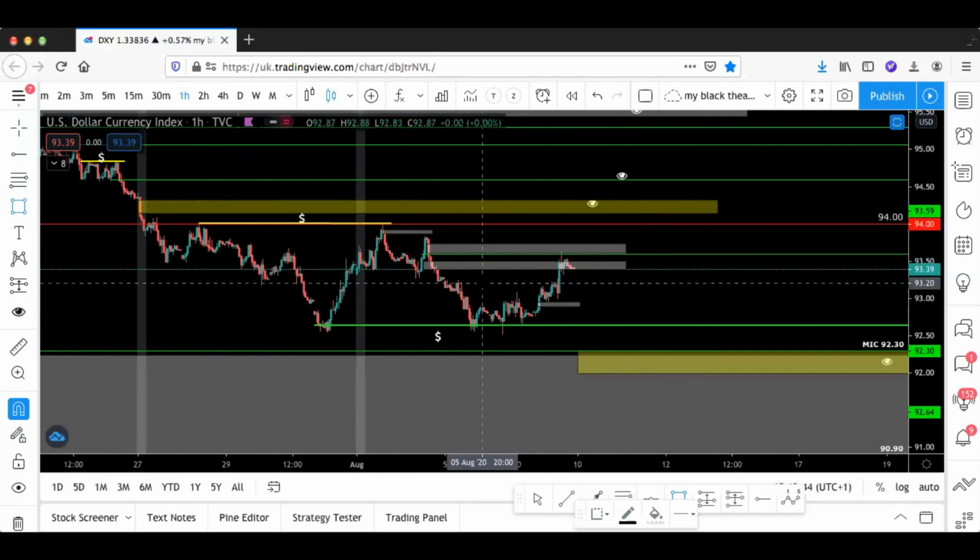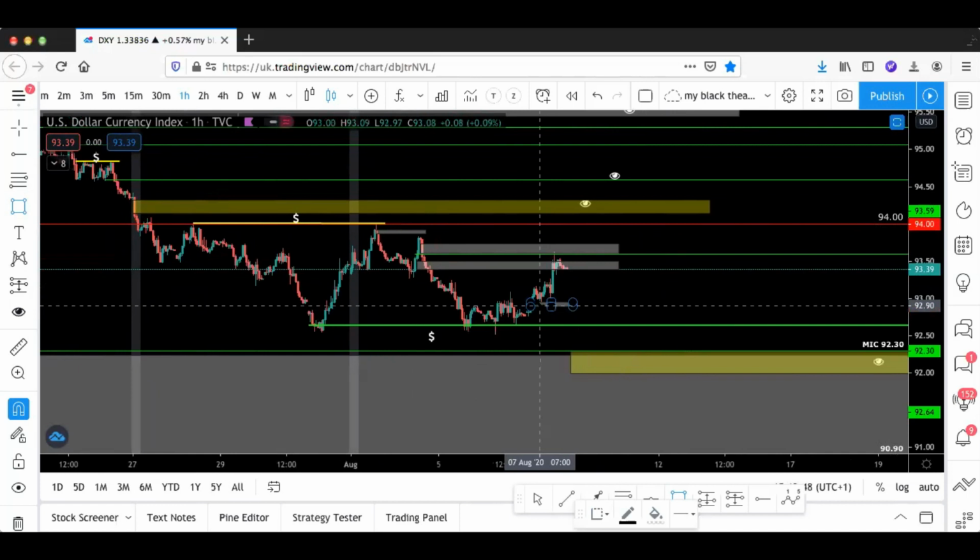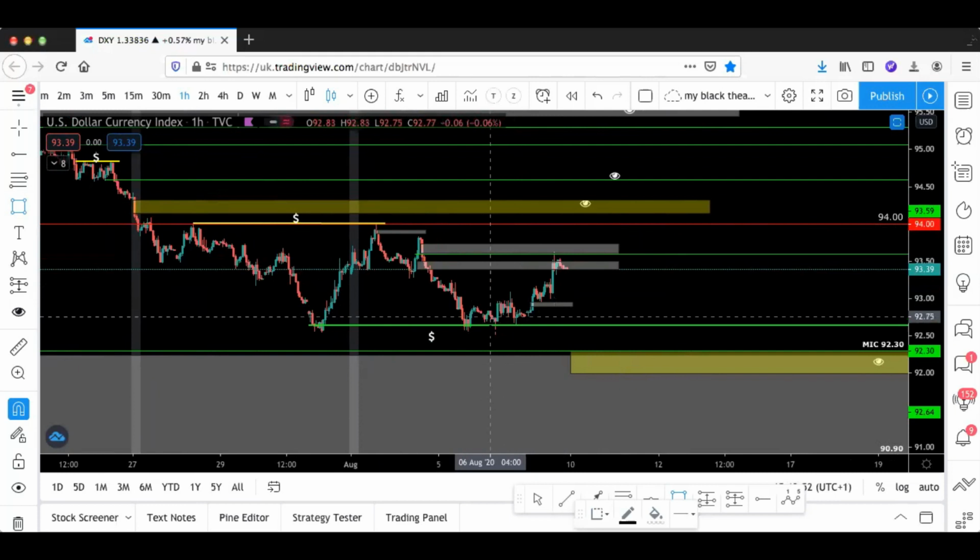So we were expecting DXY to trade higher. As we expected, we had a nice reaction from this level that we were looking for. Keep an eye on it. Then we had a nice beautiful move up towards our target imbalance here and the institution area here, right?